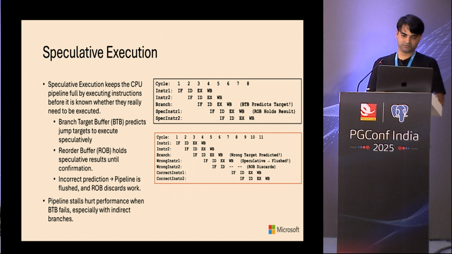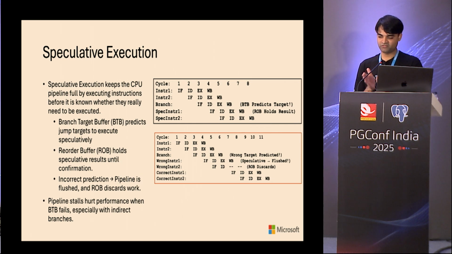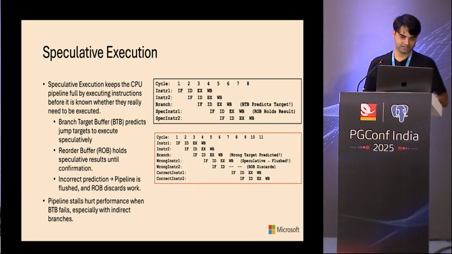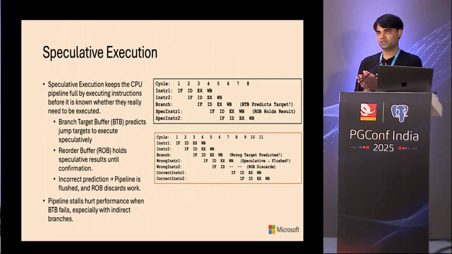All these branches prevent CPUs from continuing to work on instructions in sequence. But it has something called the branch target predictor. It tries to predict, by looking at the pattern of execution, which instructions will be executed next.